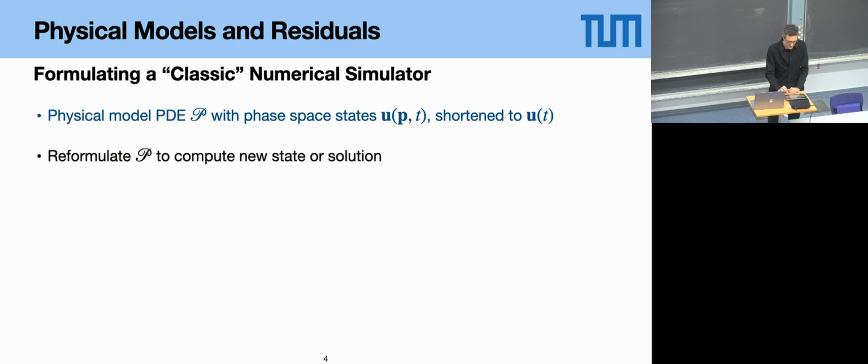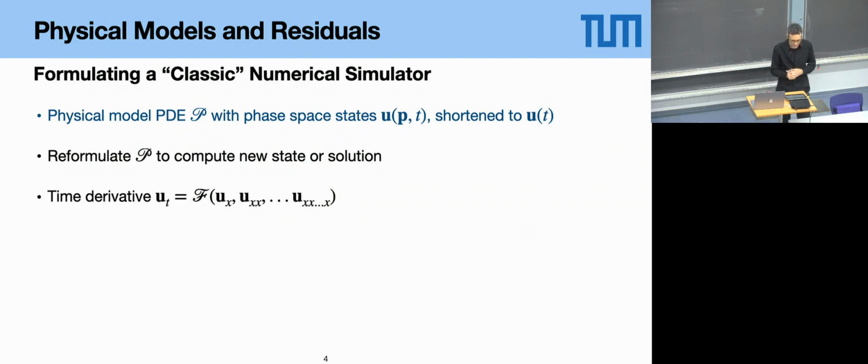And I want to motivate the idea with these loss functions from a fairly abstract perspective first. So if we have a physical model, no matter what this is, we can in pretty much all cases reformulate this to just compute a first-order time derivative. These derivatives will usually be denoted by a subscript.